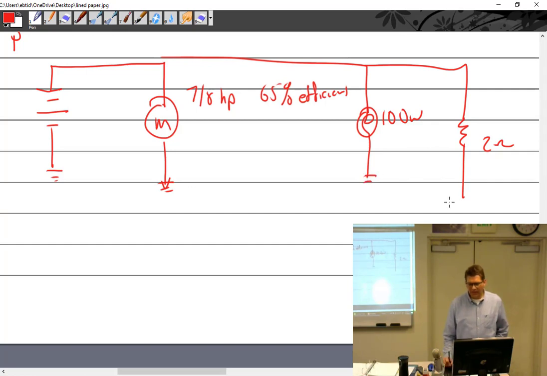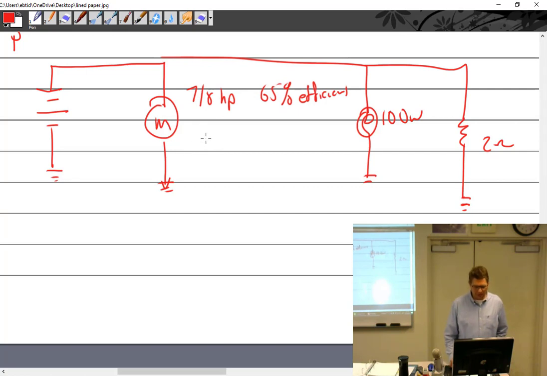It doesn't get much more complicated. This is pretty complicated for most people, but it's just a simple series parallel circuit, because all circuits are parallel, really. Aircraft are all wired in parallel. So you just start by doing the math on the 7/8 horsepower motor at 65% efficiency.